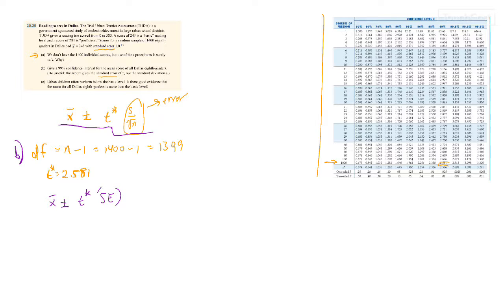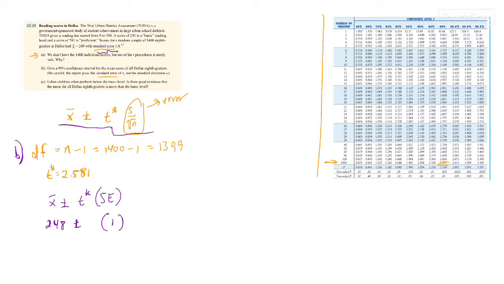I'll just write it as SE because we don't really need the formula since they give us the standard error. So our x bar is 248 plus or minus, and they give us the standard error up here, that's 1.0, so that's 1.